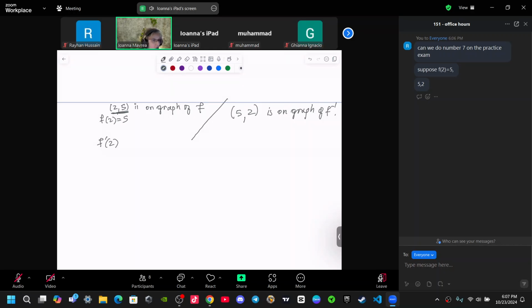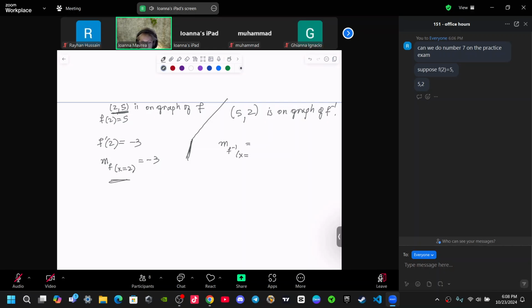F inverse of 5 is equal to 2. Okay, so let's go back. We know the slope for f when x is equal to 2 is -3, the slope of the tangent. So let's go on the inverse. What's the corresponding x coordinate where I know the slope on the graph of the inverse?